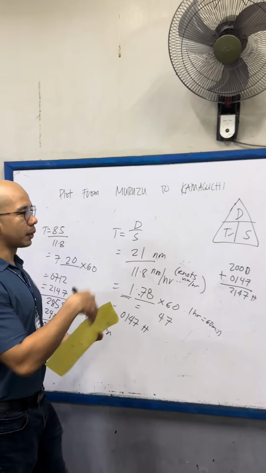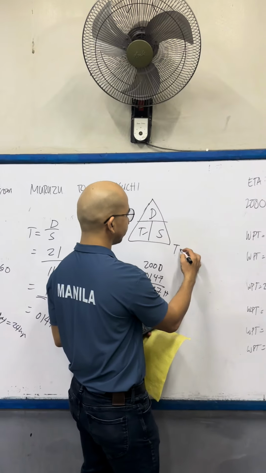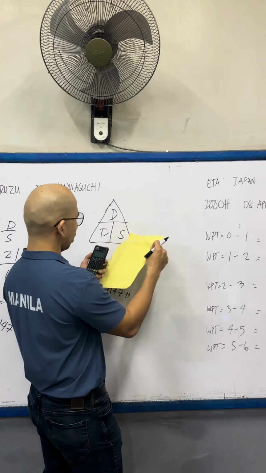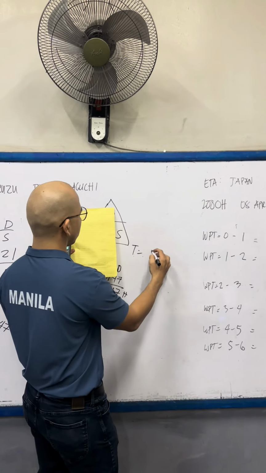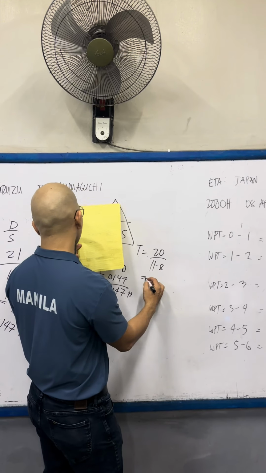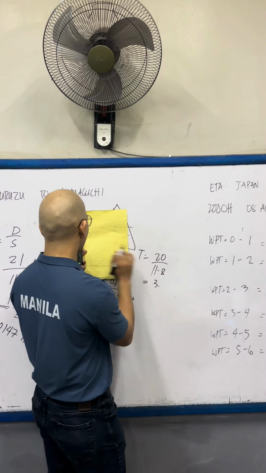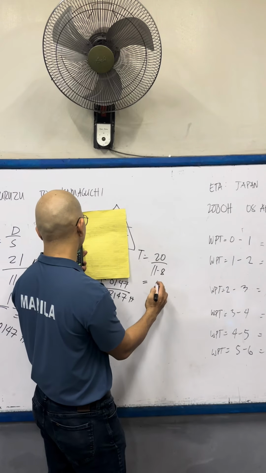Now same process, waypoint 3, which is 20 divided by 11.8. The answer is 1.7.